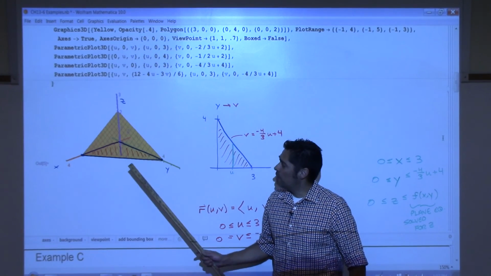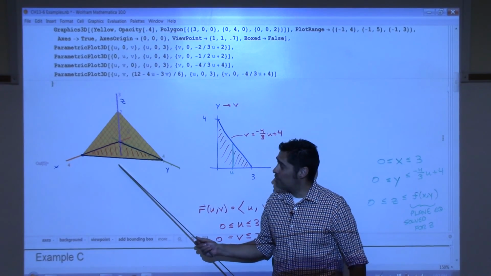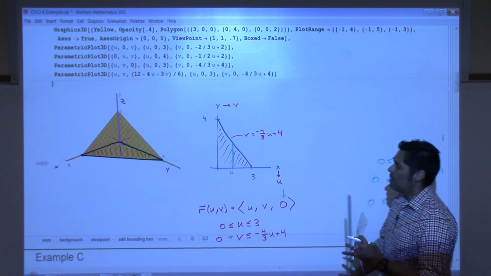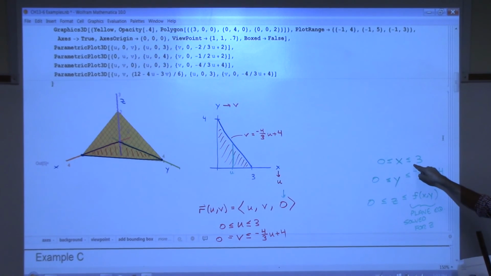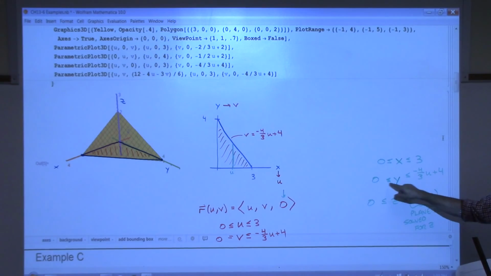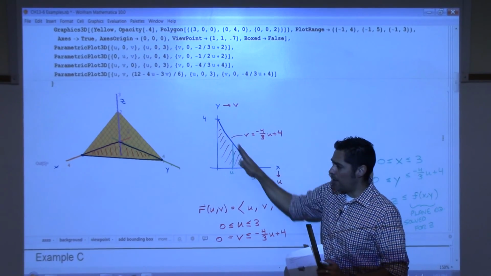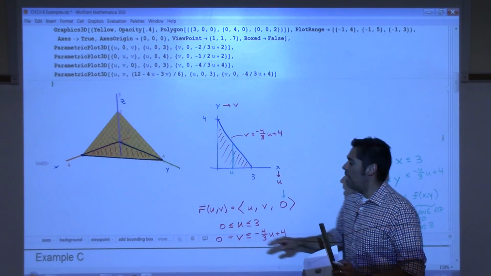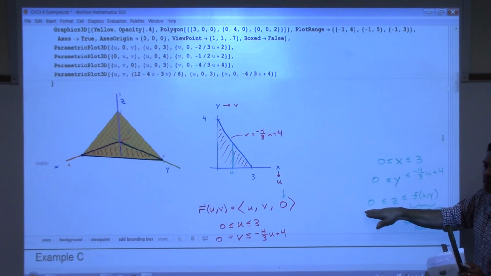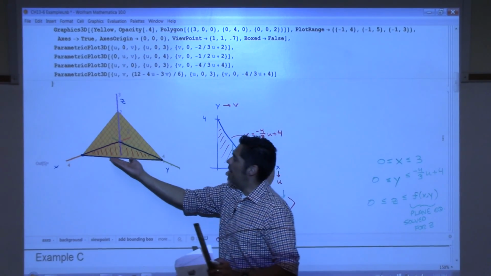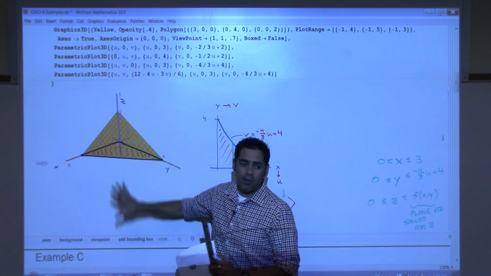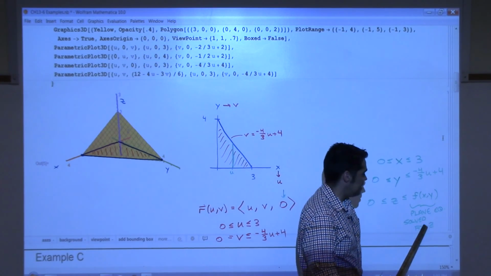Solids. If you were to define this tetrahedron as a triple integral, you would say my x's are between 0 and 3, my y's are between 0 and this line right here, and then my z's are between 0, which is the ground, and what? The plane equation, right? Solve for z, that's what this is.